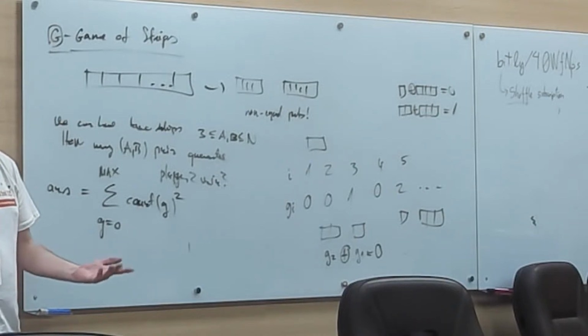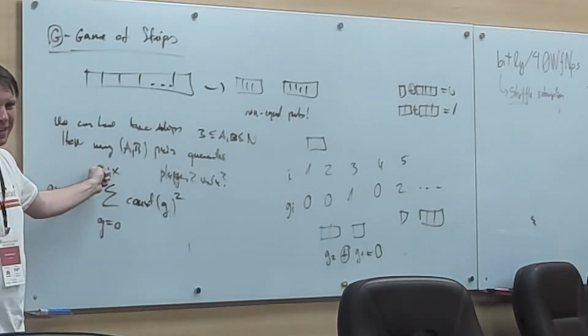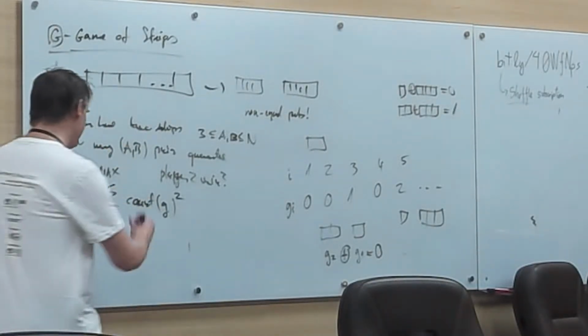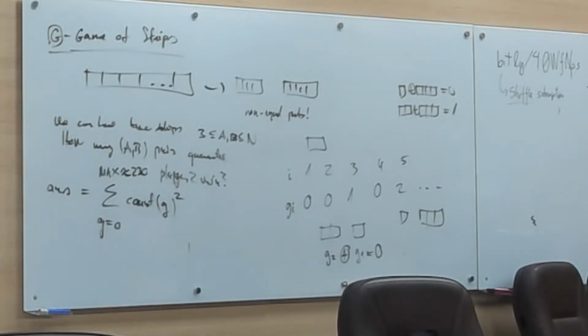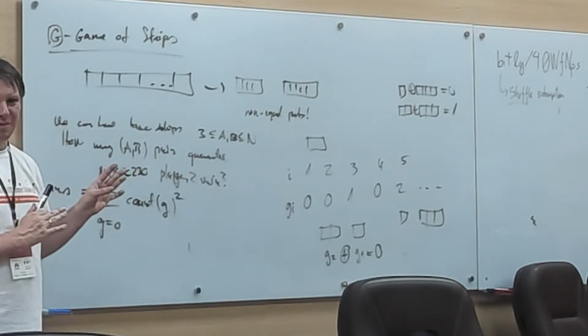Okay, if you actually had the time to brute force it just for experimentation, you know that this maximum is not too large, it's like 230 or something like that. Okay, so that's the basic outline of what we are facing here.